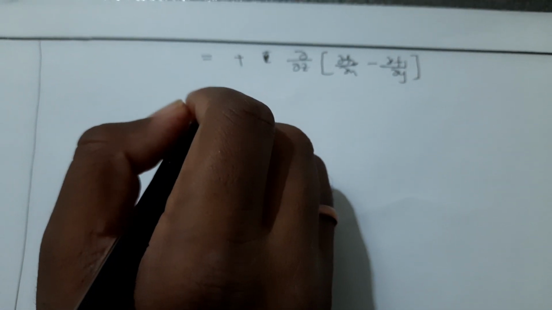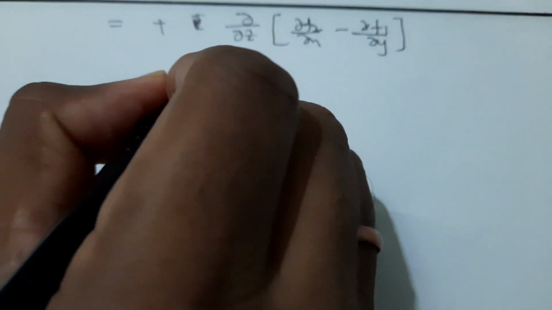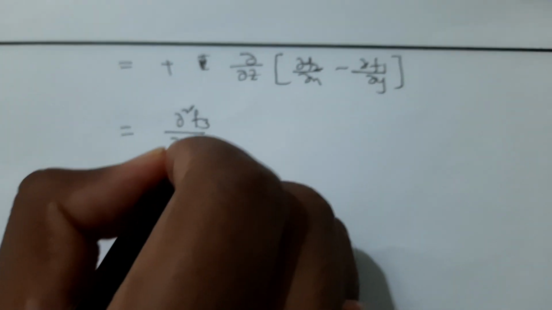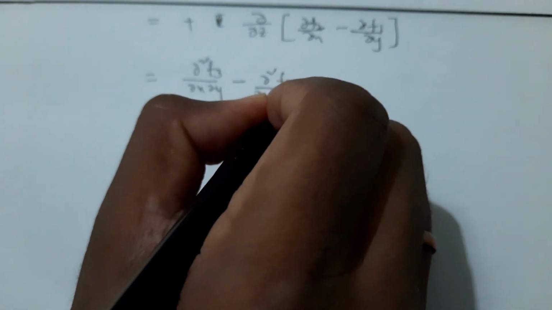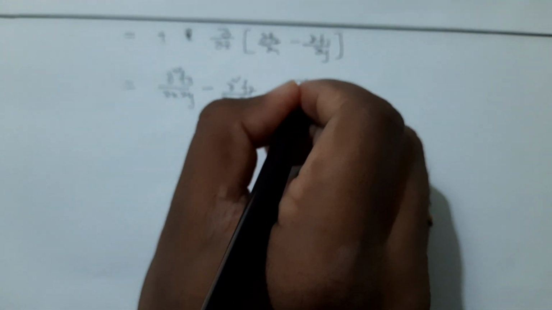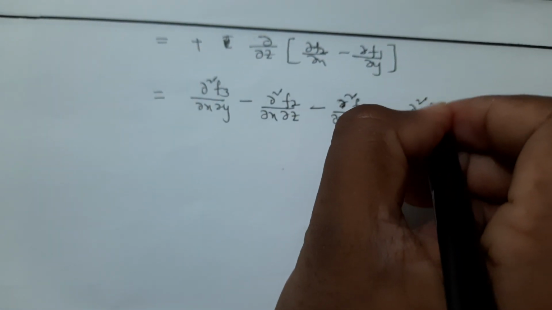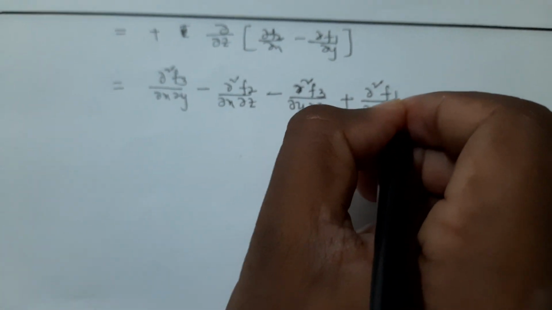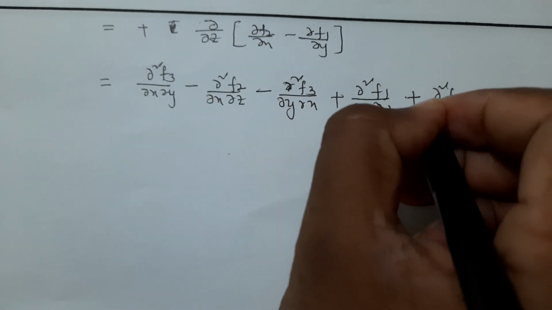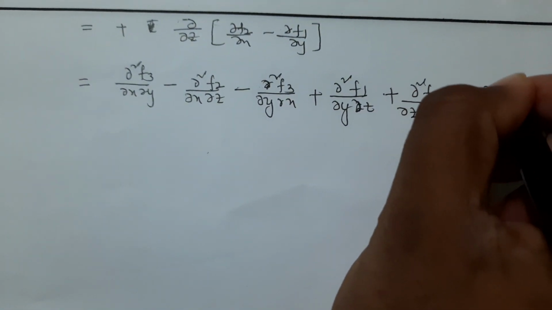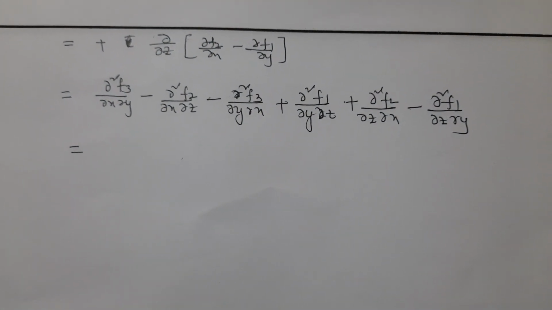Simplify this, we get dou square f3 by dou x dou y minus dou square f2 by dou x dou z minus dou square f3 by dou y dou x plus dou square f1 by dou y dou z plus dou square f2 by dou z dou x minus dou square f1 by dou z dou y. Simplify this, we get all the terms are 0.